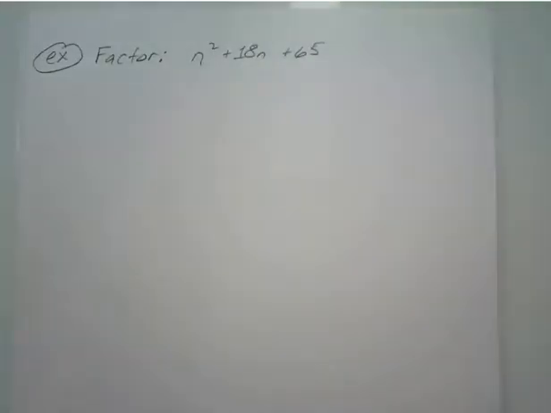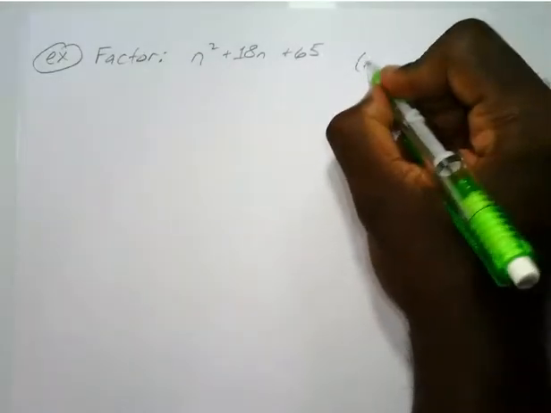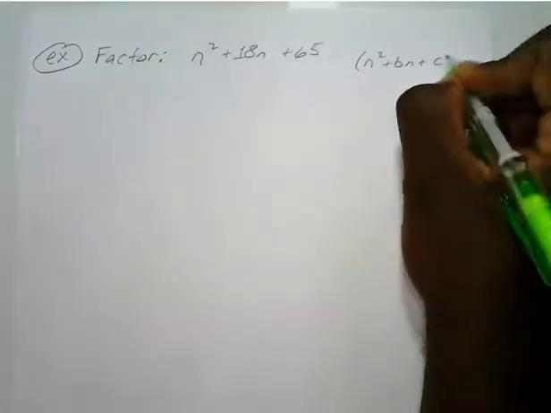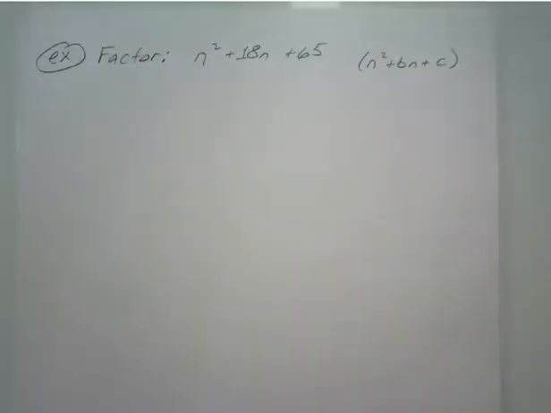Okay, so you can see here the variable can change from x to n to s to r. It doesn't have to always be x. But we're still looking for the n squared plus bn plus c. We just changed the x to n, but it's the exact same form. Okay, so if you see an r instead of an x, no need to panic, it's the exact same thing.